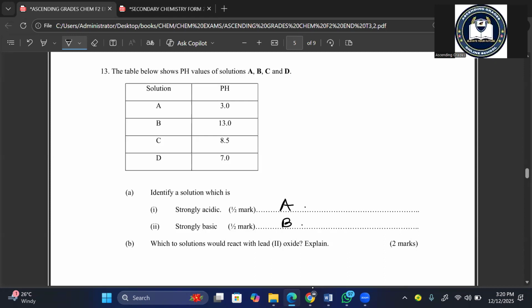With lead-2 oxide, we still have A and B. And the reason for this one is because lead-2 oxide is amphoteric. It can show both acidic and basic properties.